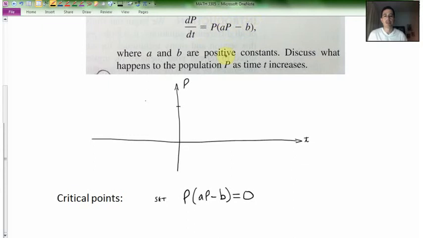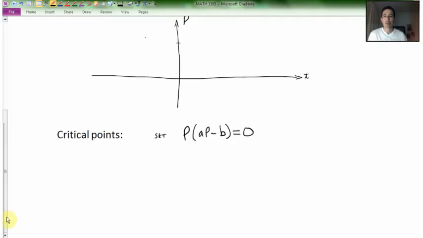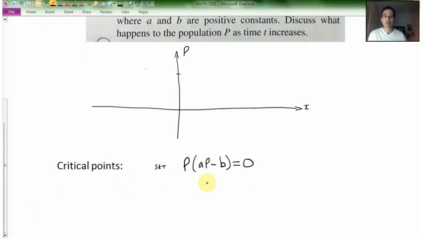We set the right-hand side equal to 0 to figure out where the slopes are 0. When we do this, we get two solutions: either P is 0 or AP minus B is 0, which means that P is B over A.